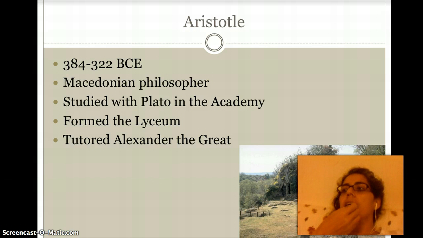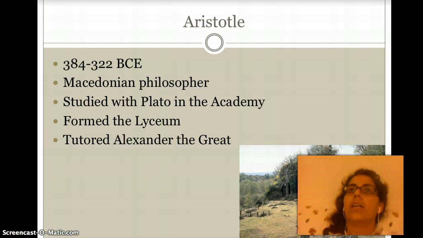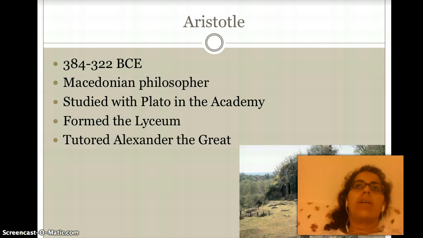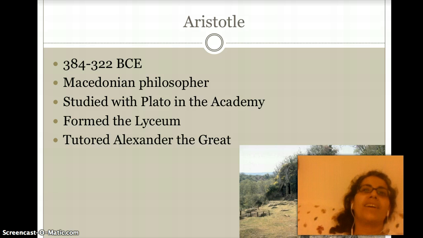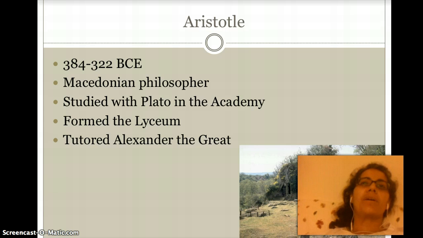But when they were discussing the philosophical ideas that each one of them embraced, they realized that they were not in harmony, is the way in which historians put it. So Aristotle actually leaves the school and forms his own Lyceum.